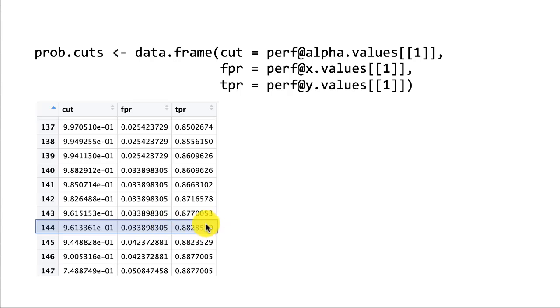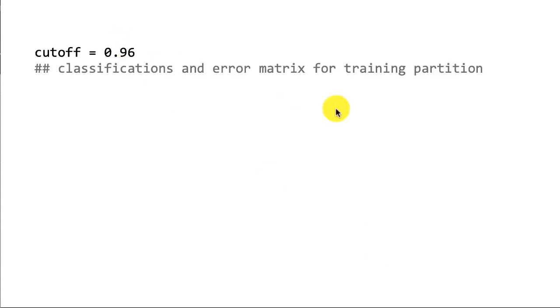Up to this point, we can get almost a 90% true positive rate while incurring only a 3% false positive rate. Here we get a very slight improvement in true positive and a big increase in false positive. I don't like that, so I'm choosing this particular point. So my cutoff is going to be this, 0.96. Okay, so I'm choosing a cutoff of 0.96.